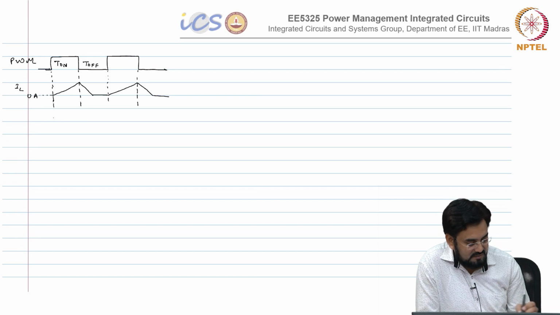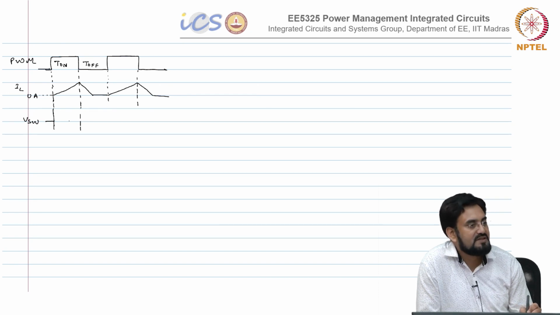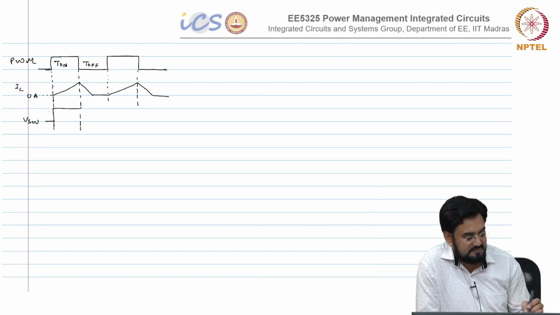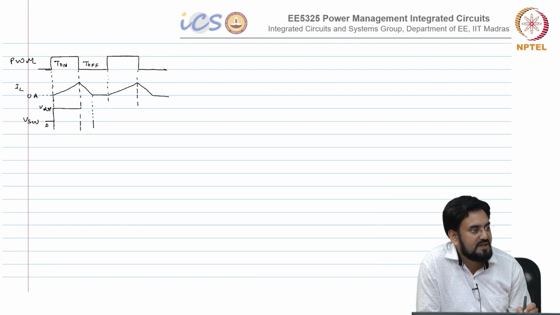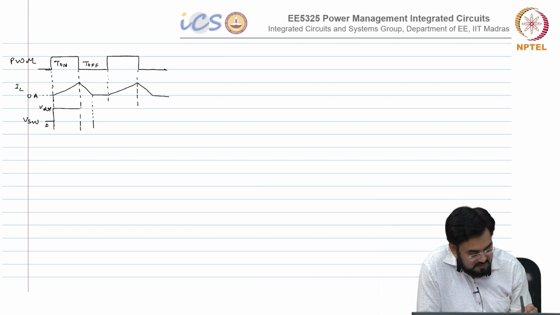Inductor current. Let's plot the VSW. How will it look like? So when PWM is high, VSW should be, okay, and this will be VDD and this will be 0. What would happen here in this case? When PWM goes low, what should be the VSW? Your bottom FET is turning on, it should go low.